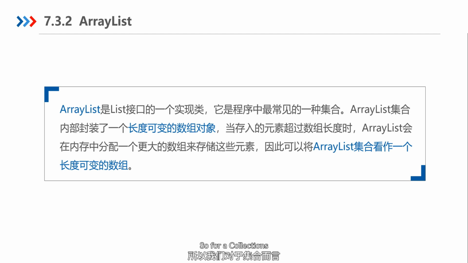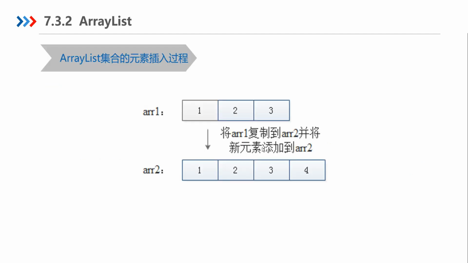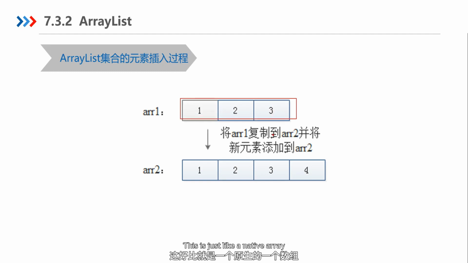So for our collections, we need to think of it as an array of variable length. Look at its insertion procedure. This is just like a native array. So copy R1 into R2 and add the new elements to R2.